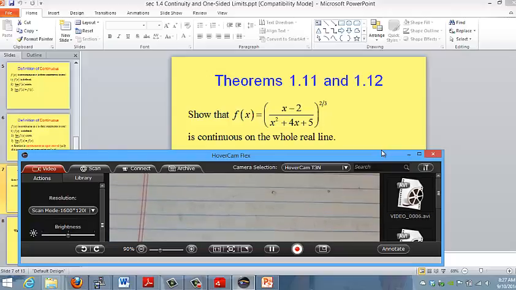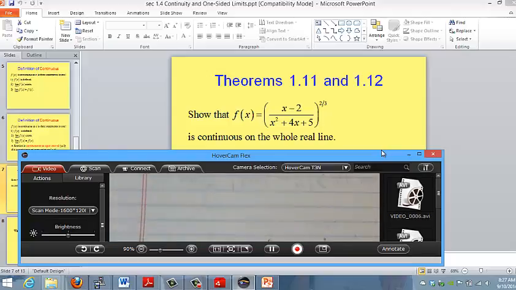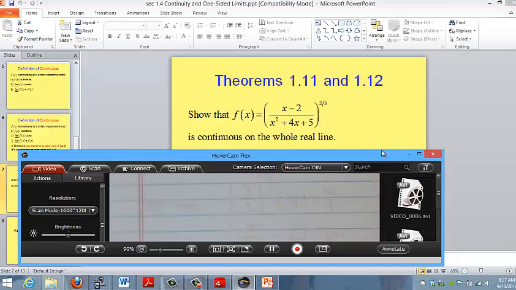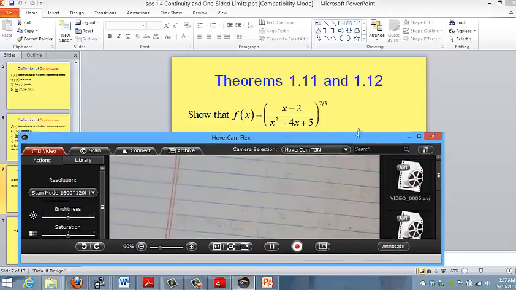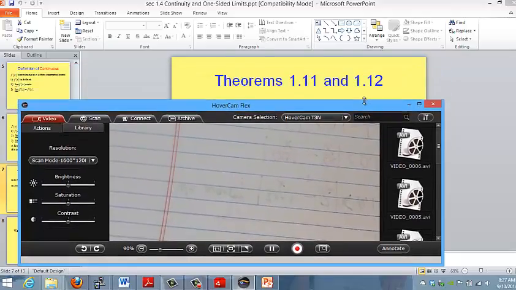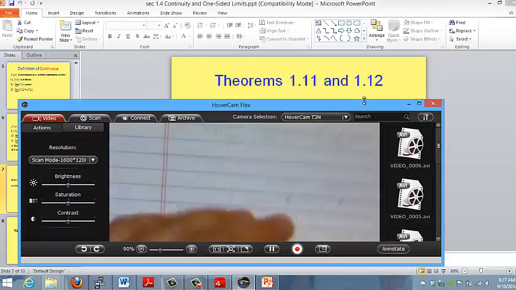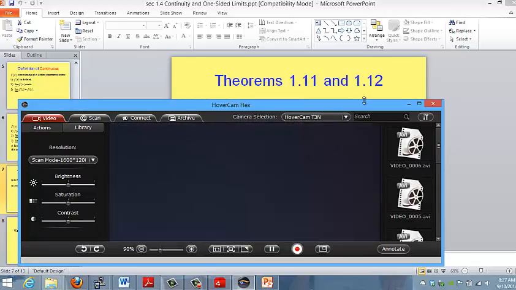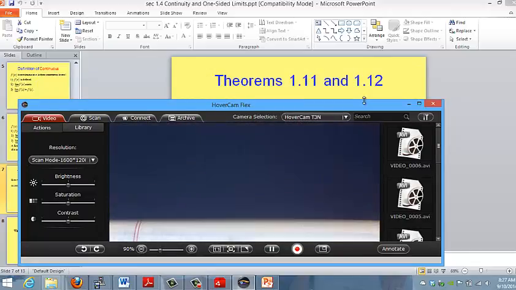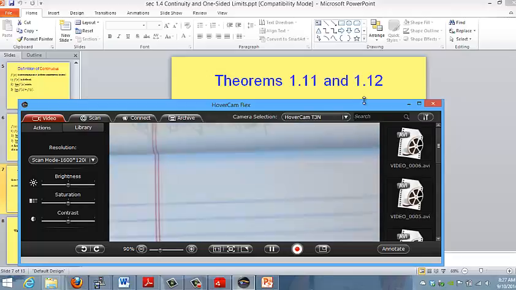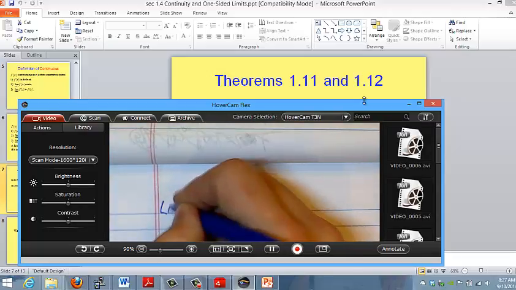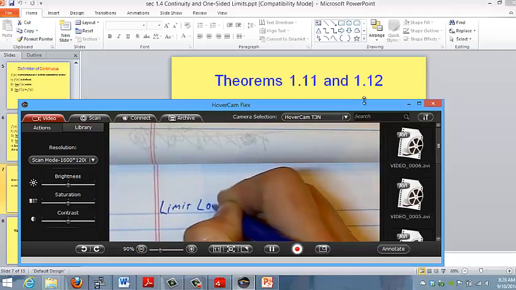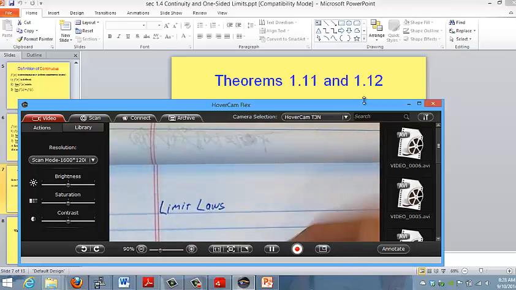I'm trying to remember the exact section they were in. Shoot, I'm losing it. Let me punch this up for a second. The limit laws. They say things like this.